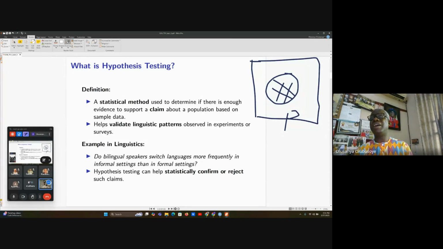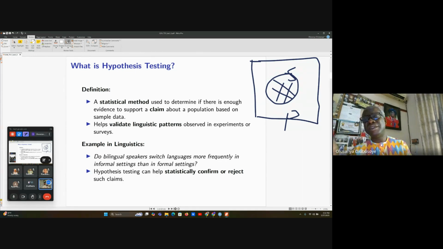Whereas we may not be able to cover the entire population for whatever reason. So we take a sample. The one we take is this. This is our sample.